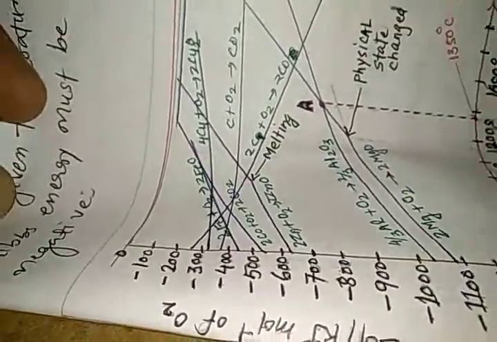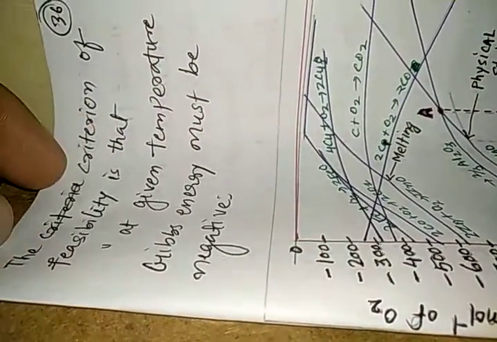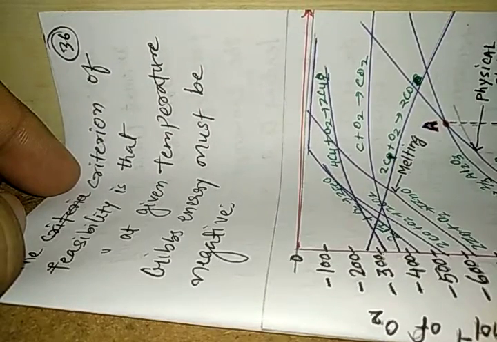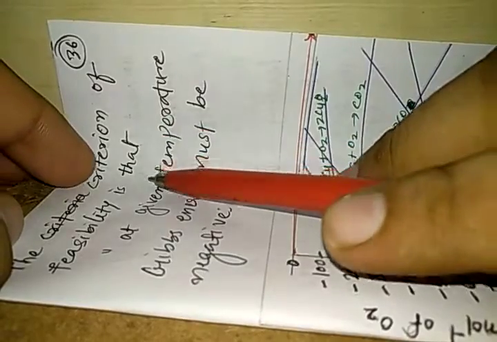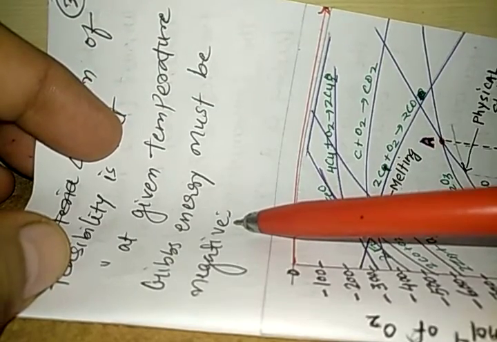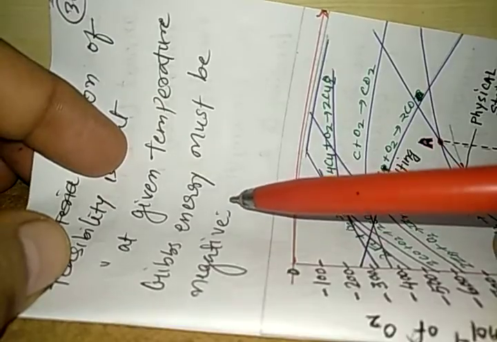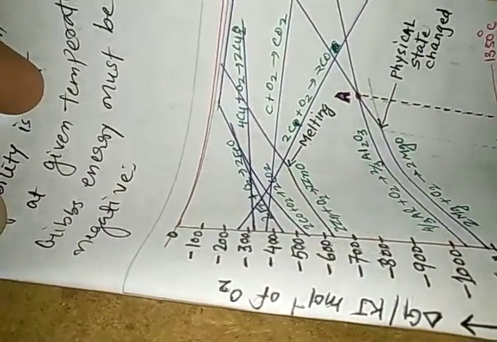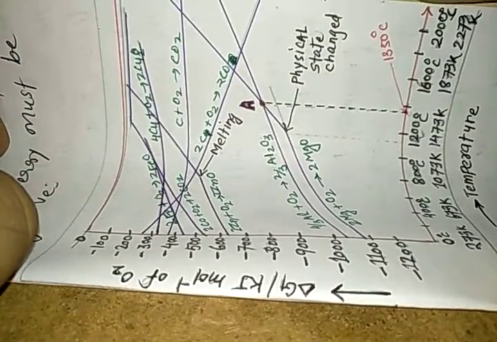It helps us know which reaction is possible for the reduction of the metal oxide. The criterion of feasibility is that at a given temperature, the Gibbs energy must be negative. That was our first conclusion: if delta G is negative, then the reaction is going to be spontaneous.